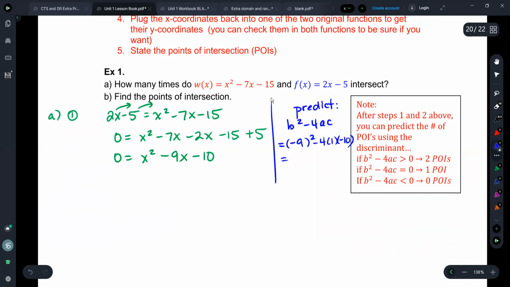So we'd get 81 plus 40, so 121. Because this is positive, this tells me that we have 2 points of intersection between the line and the quadratic. Okay, usually, again, we use that to predict the number of x-intercepts, but because we've done the line and the quadratic here, this is telling us about points of intersection.